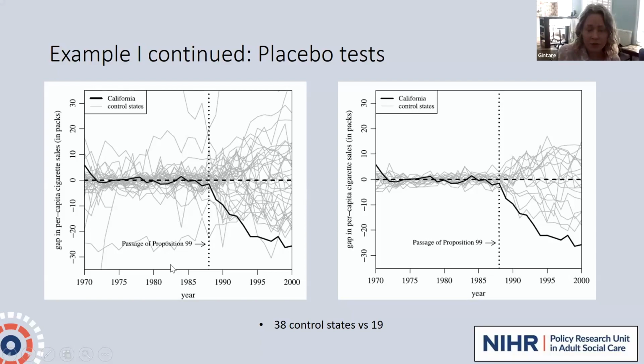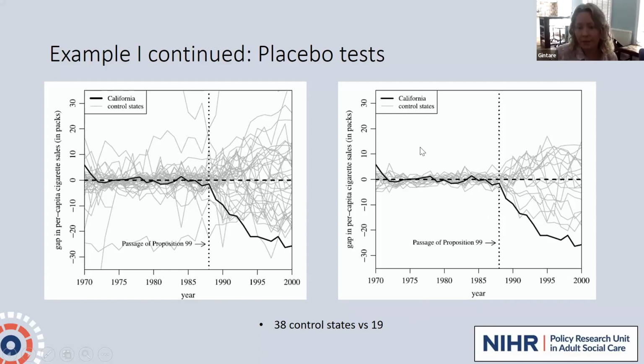So as you can see, there's quite a lot of outliers and idiosyncratic shocks. So some of these states are not good comparisons for California. So moving to the right-hand side, this is after removing certain states from the donor pool, you see much better performing placebo tests.